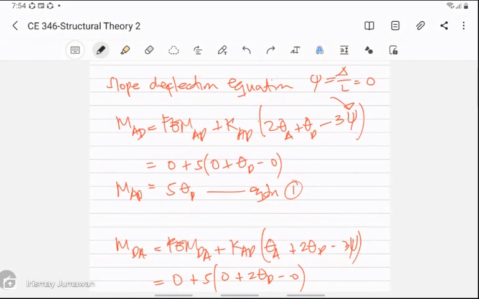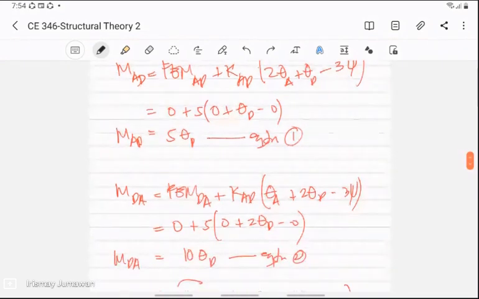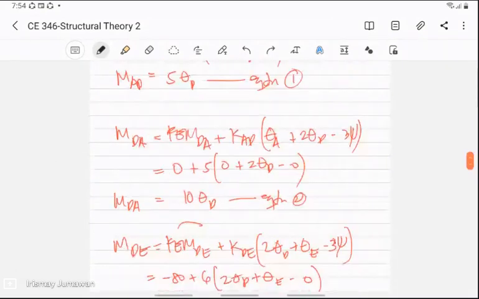When you have D to A, so that the first term in the equation is the so-called theta, and the second term is theta D, so that we do not have to think about it. Okay, so here psi is 0. Upon substitution, for moment DA, that is 10 theta D, that is equation 2.